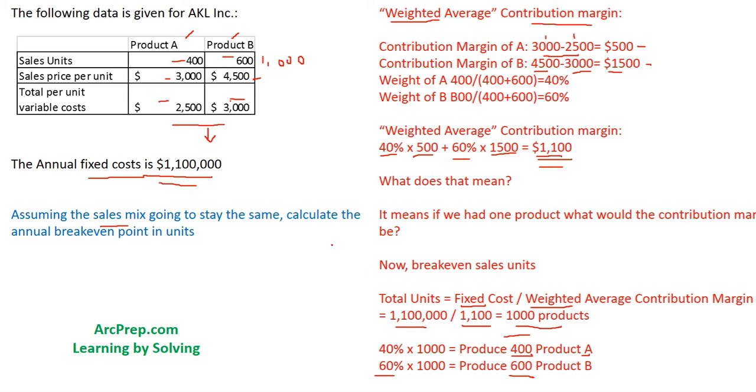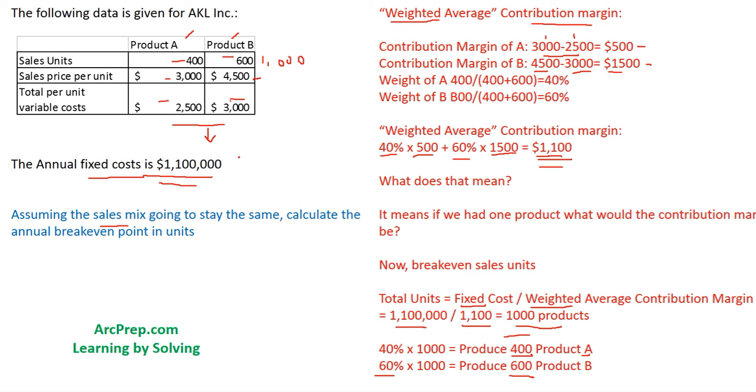You can do the math. You can basically say, okay, 400 times 400 plus 600 times 600 minus 400 times 2,500 minus 600 times 3,000 minus the fixed cost is going to give me 0. Not sales units, it's sales price.